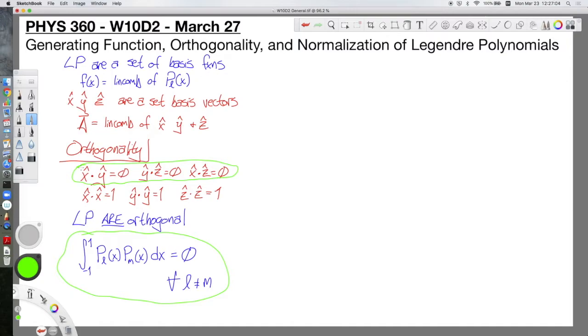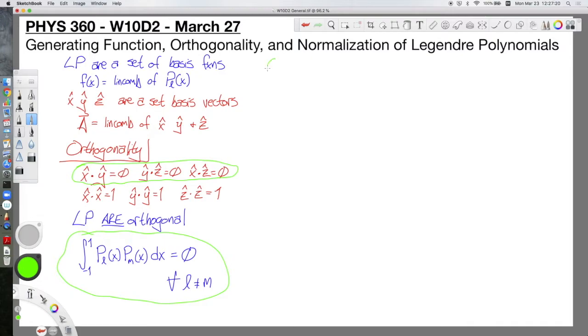When you take any two different Legendre polynomials and integrate them from -1 to 1, you also get 0. It does not matter whether L and M are even or odd. All that matters is that they are different numbers.